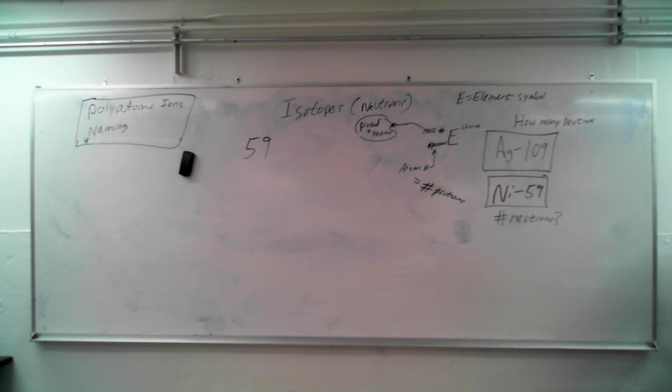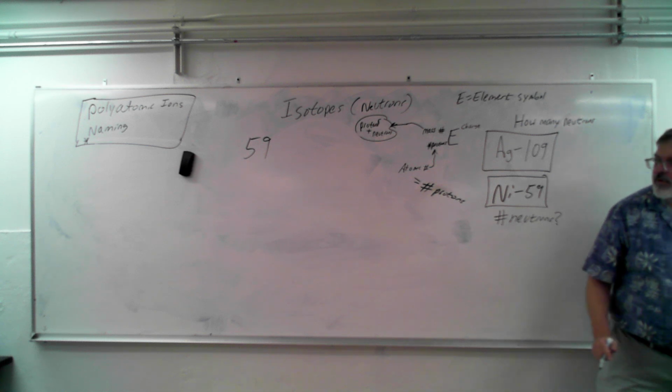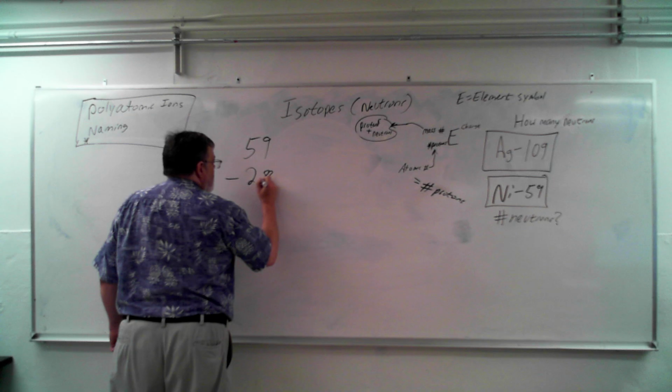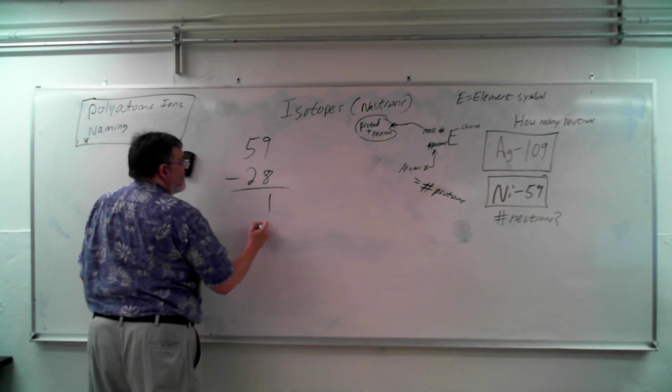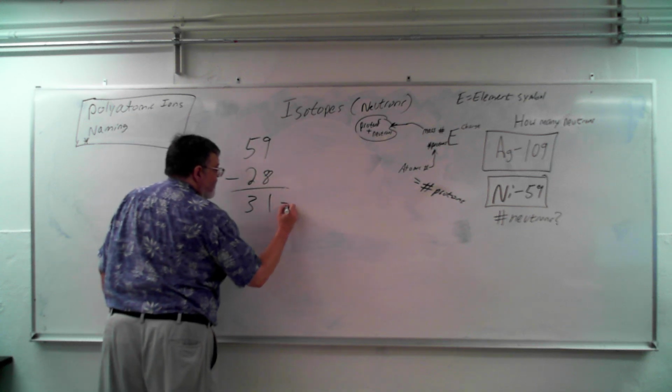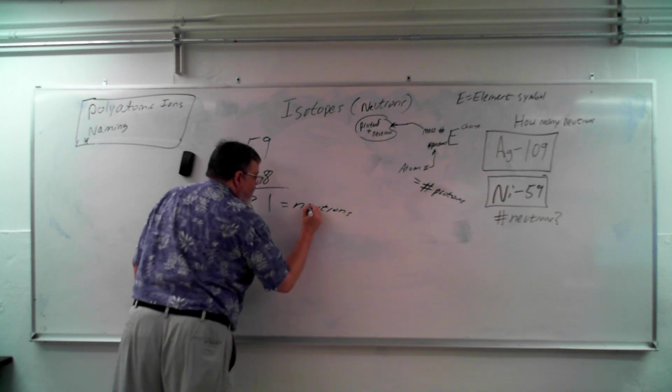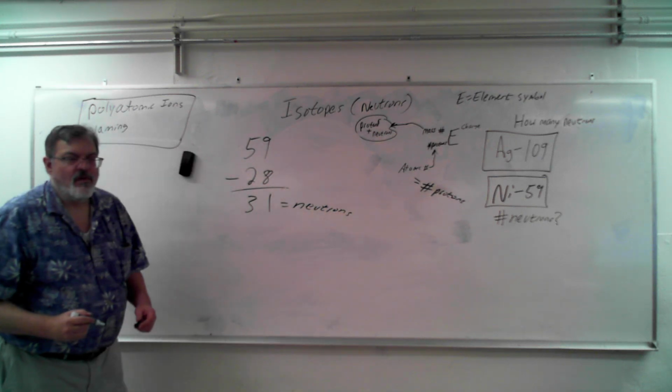Which column? Yeah, okay. Column 10, look at column 10. So what's the atomic number, AKA the number of protons? You all see that? 28 protons. 9 minus 8 is 1, 5 minus 2 is 3. That's the number of neutrons.